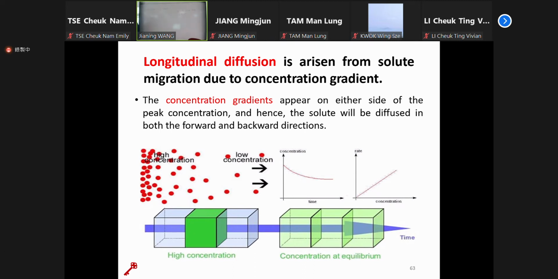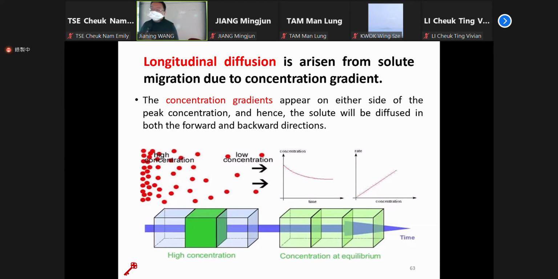Time, right? Time and temperature. Temperature also affects this one. So usually when you use a lower temperature, the diffusion should be relatively low, but in practice, we cannot.